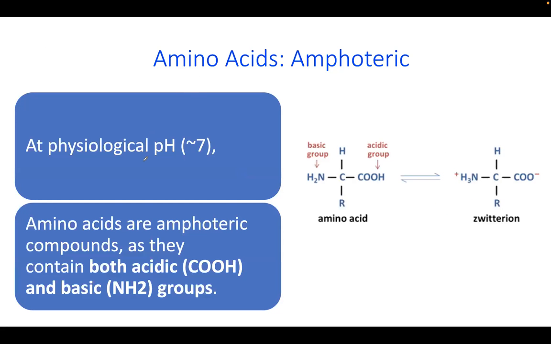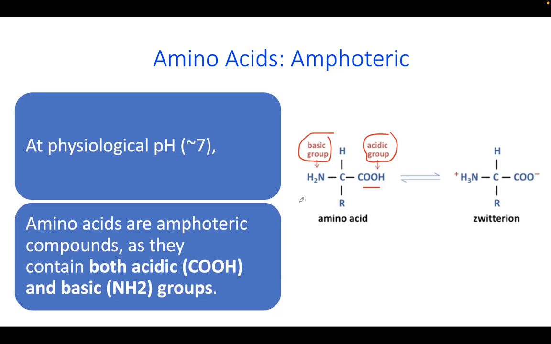Now, another property of amino acids is it is amphoteric. So at a biologic pH of 7.0, aside from being in a Zwitter ion state, amino acids are amphoteric, which means it contains both an acidic group and a basic group. The acidic group is the carboxyl.